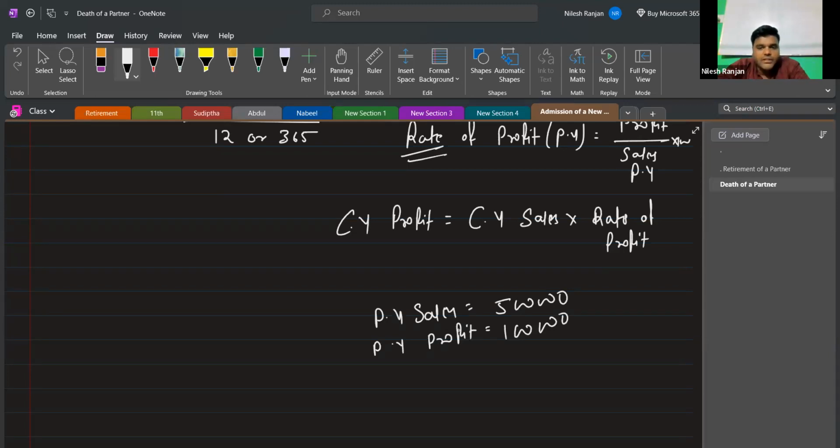You can calculate the profit without date of death. Current year sales up to date of death is 3 lakh. Now, can you calculate the profit of current year?